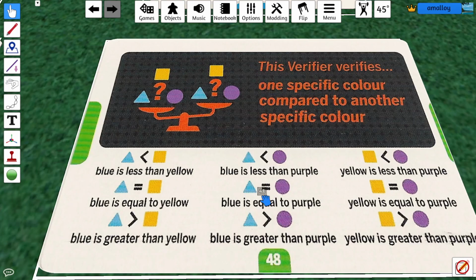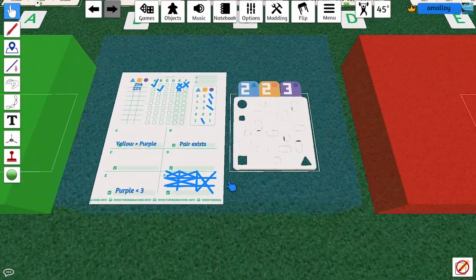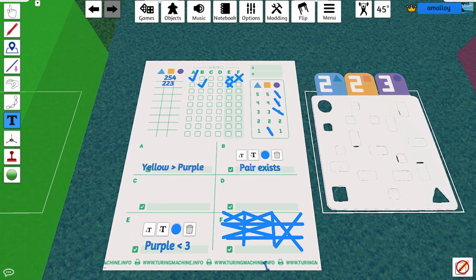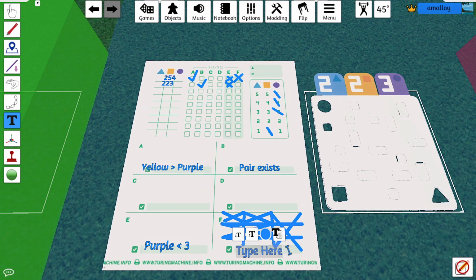So I think we can say a lot about this. Blue has to be equal to yellow and greater than purple. Wow, okay. So this is telling me blue greater than P. I don't know why this time I'm writing it out shorthand. Blue greater than purple.